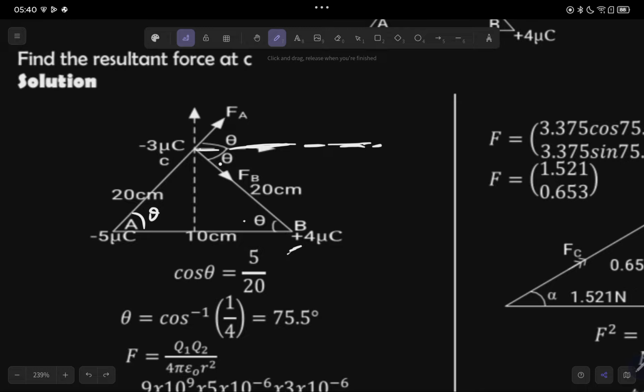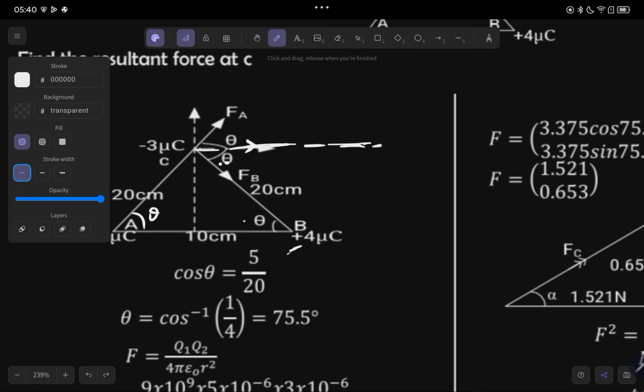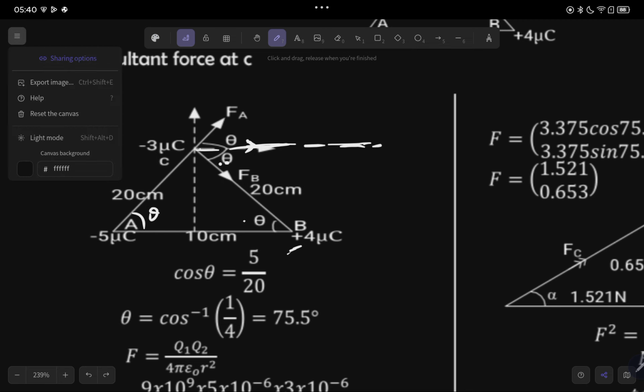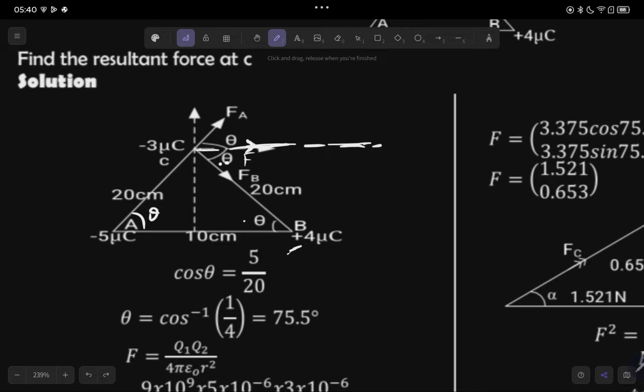As we said before, every force will have two components, horizontal and vertical, but the one next to the angle becomes a cosine. So basing on the force FB, this becomes F of B cos of theta. Then the other one automatically becomes F of B sine of theta.